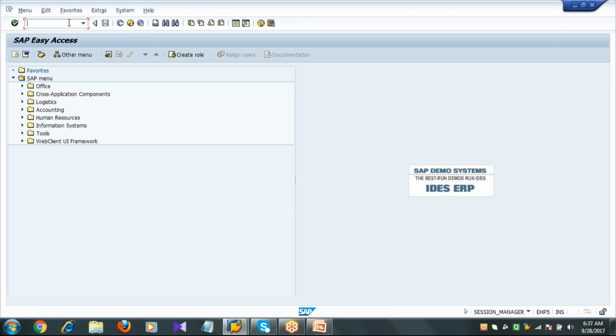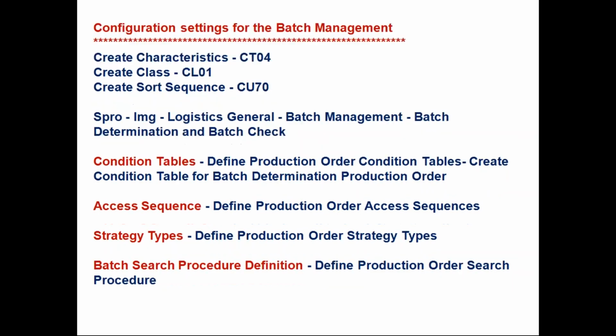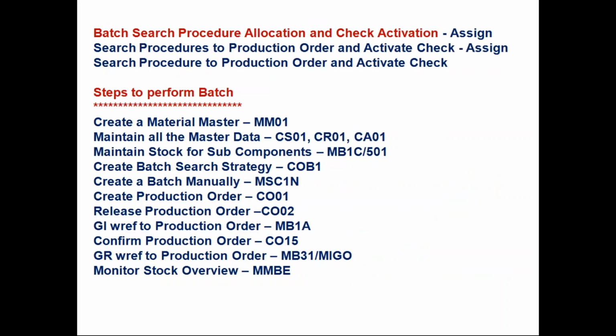So these are the background settings we need to perform. Now we'll start the execution. After performing these steps, we need to go for execution. Here, you need to create a material master.